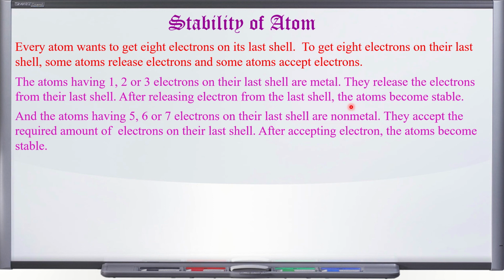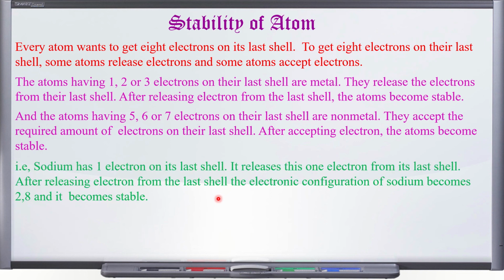Required number of electrons means the atom which has 5 electrons on its last shell needs 3 electrons to gain stability, because if it accepts 3 electrons, then it will get a total of 8 electrons. If an atom has 6 electrons, it needs 2 electrons, and if an atom has 7 electrons, it needs only 1 electron to become stable. And after accepting the required number of electrons, the atoms get 8 electrons on the outer shell and become stable.